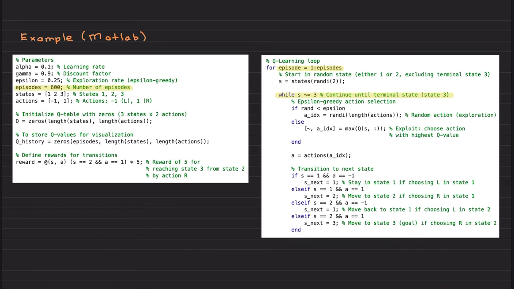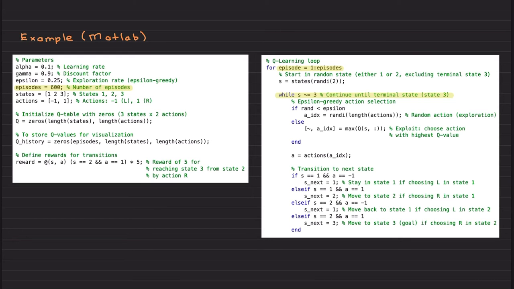If it is greater than that, then I am going to choose the action that is the maximum coming from my Q table, whatever maximizes this. This means basically argmax over a of Q(S, A). So I am choosing the action that maximizes that table. Whatever I chose here, I'm going to call it A. And it will choose either -1 or 1 from my actions, left or right.